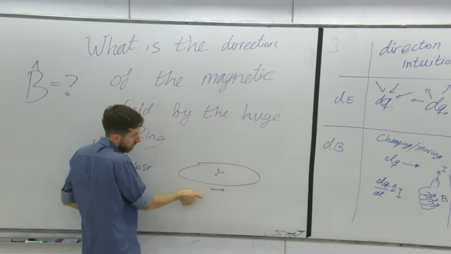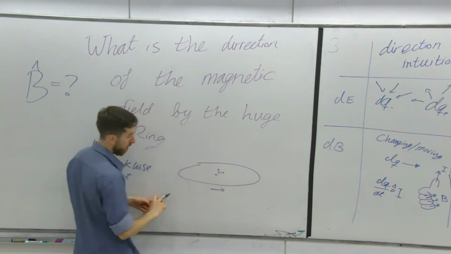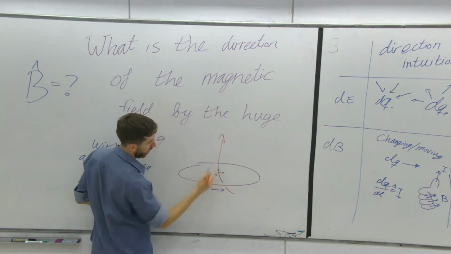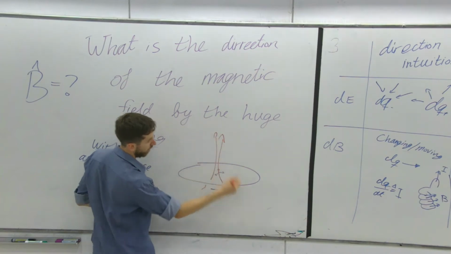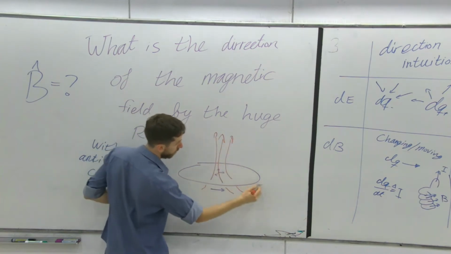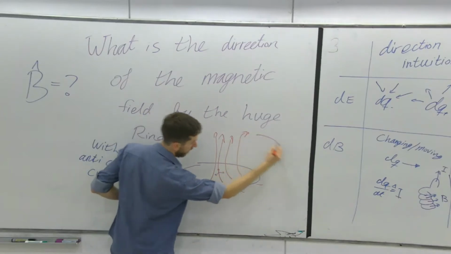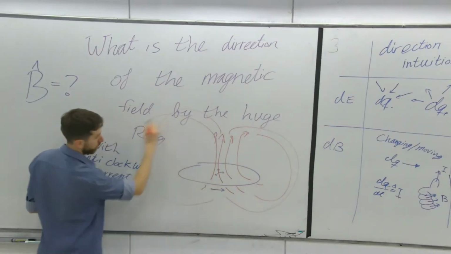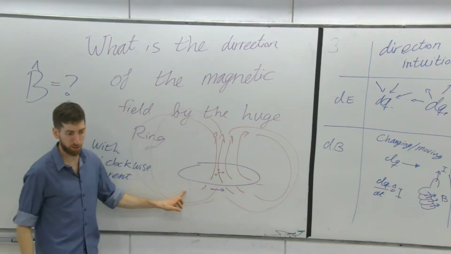So I see that the magnetic field is curling around this wire and going out, curling, right? So it's in this direction. So the magnetic fields around the ring are going to be like this.